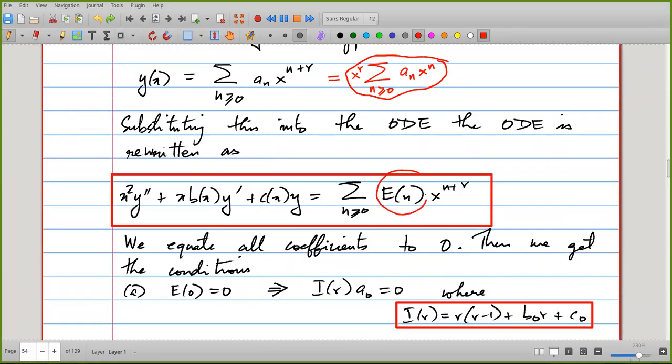I have explained what the E_n are: the power series summation n greater than or equal to 0, E_n x^(n+r). And we want to equate all the coefficients to 0.